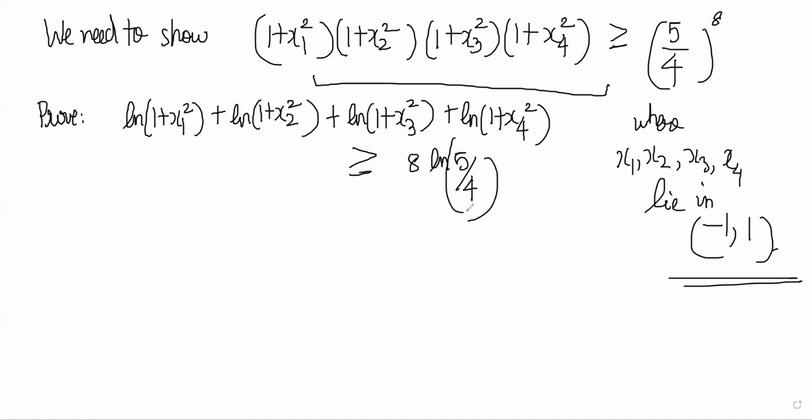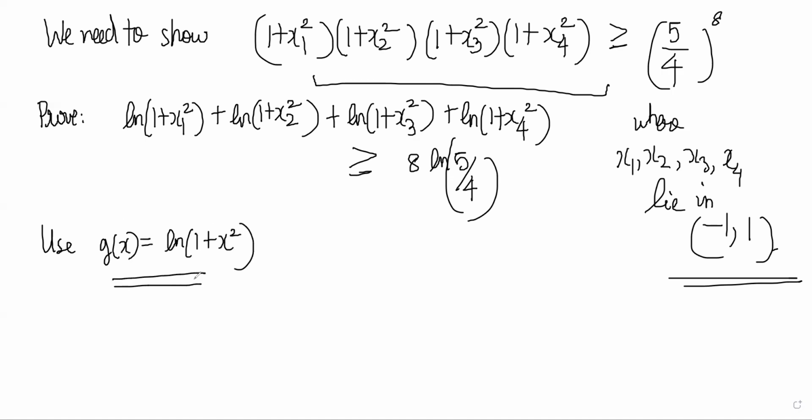This is what I want to show now, right? In order to analyze this, we will prove it by concavity and convexity of functions. Use the function g of x equal to ln of (1 plus x square).